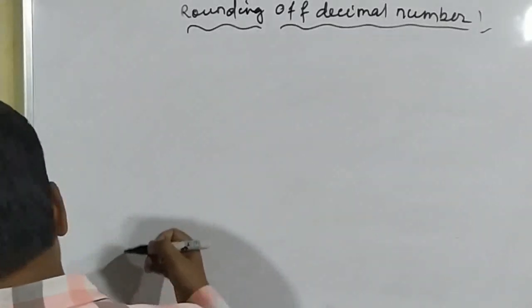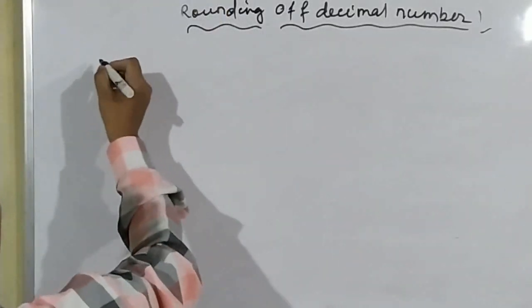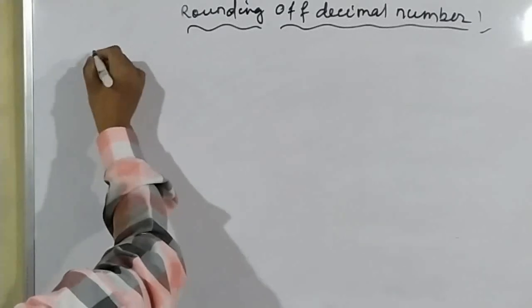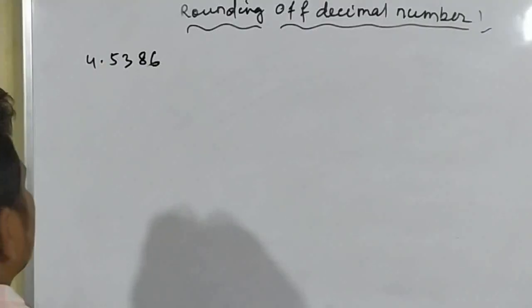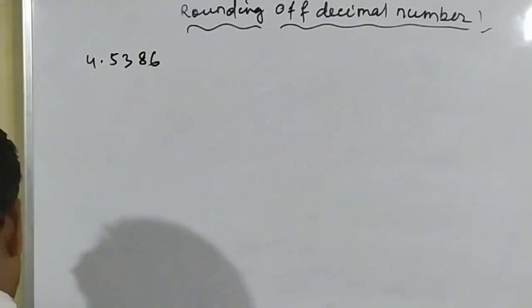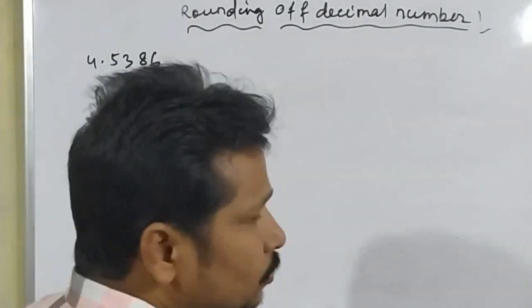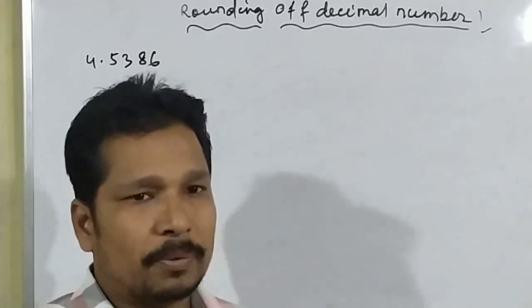So let us understand the things from one example. Suppose we have a number 4.5386. Suppose we want to round off, correct up to two decimal places.